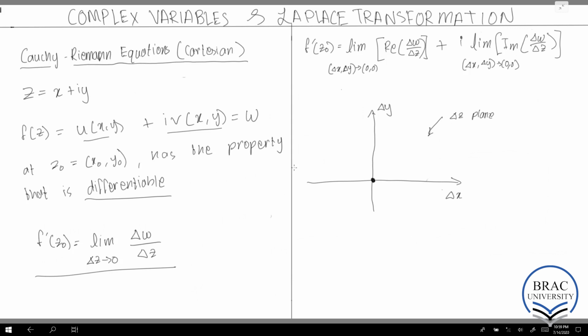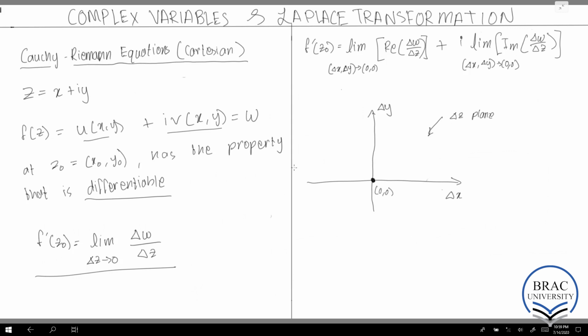Our limit of the real part of delta w over delta z and the imaginary part of delta w over delta z must reach delta z equal to 0, which is exactly the origin, 0, 0.